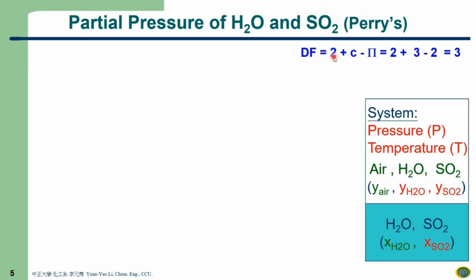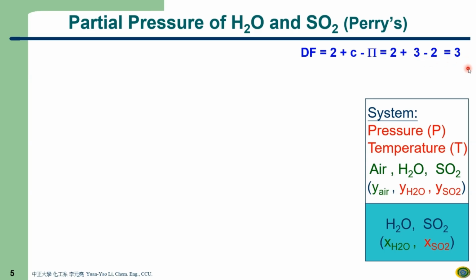This is the Gibbs rule, right? So 2 minus pi plus C. How many components? 1, 2, 3, because you have air, water, and sulfur dioxide. How many phases? 2 phases, so minus 2. So it equals 3.